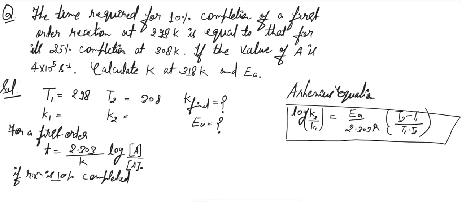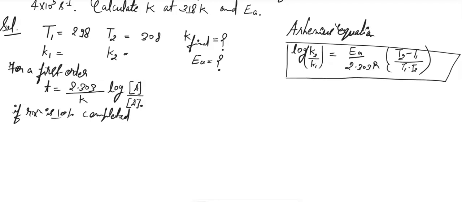It means we take the initial concentration as 100, and since it is completed by 10%, the remaining concentration will be 90. So t equals 2.303 upon K log 100 upon 90.